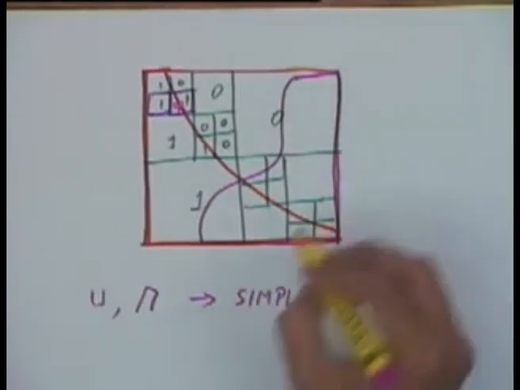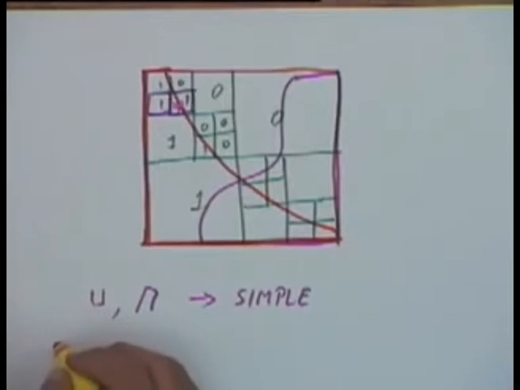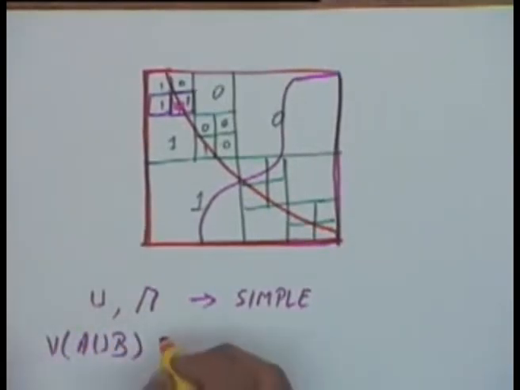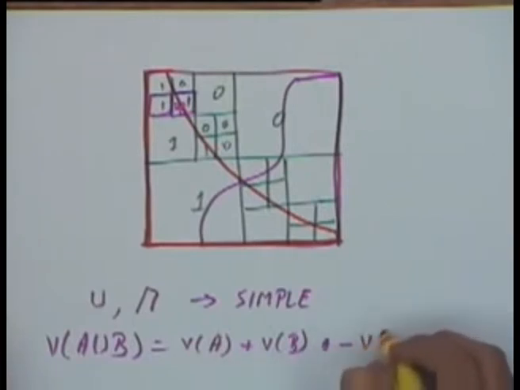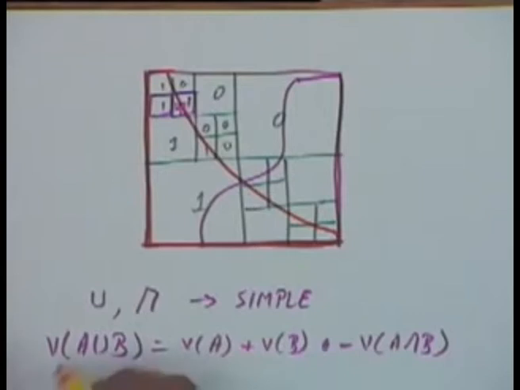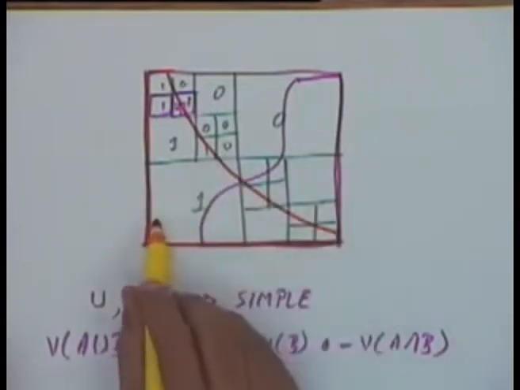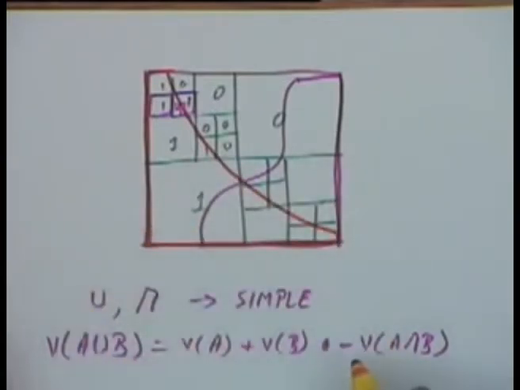Okay, if you remember earlier I had mentioned that the volume of A union B is equal to volume of A plus volume of B minus volume of A intersection B. If I consider any two cells in a quadtree representation, the area of A intersection B will always be 0.